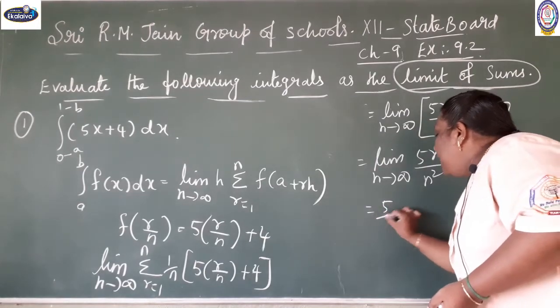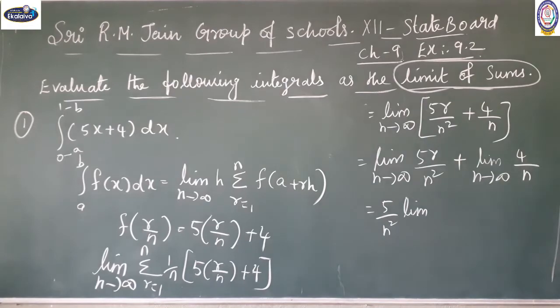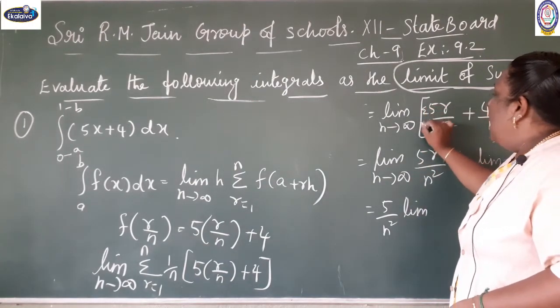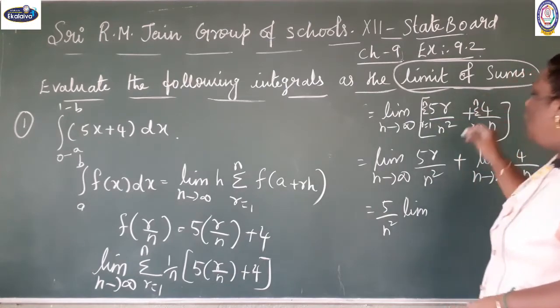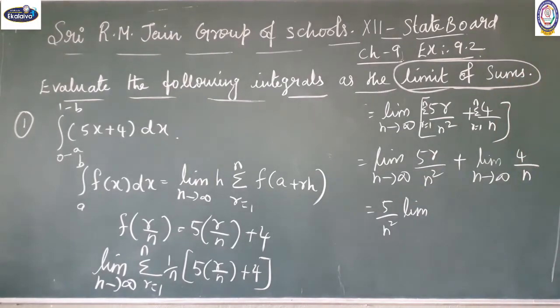See here, 5 by n square into limit n tends to infinity, sigma r equal to 1 to n, here also sigma r equal to 1 to n, and the same way sigma r equal to 1 to n.